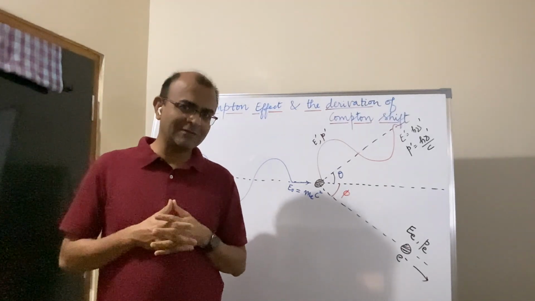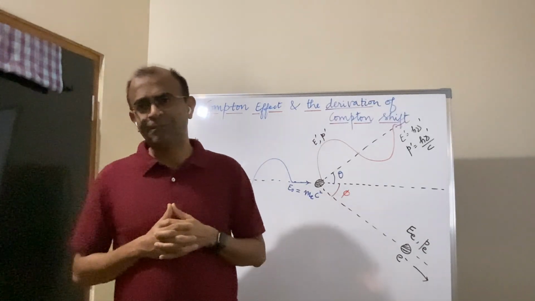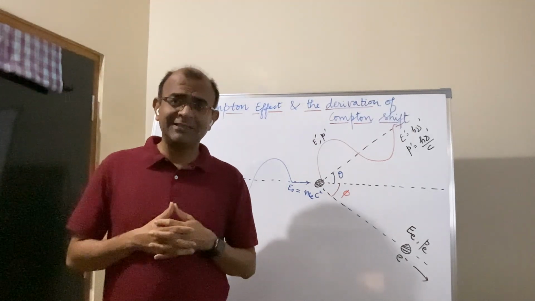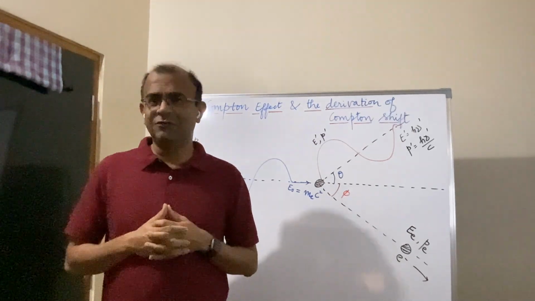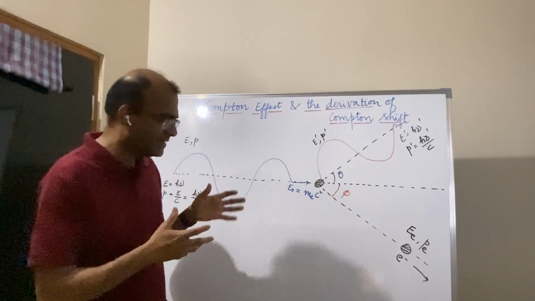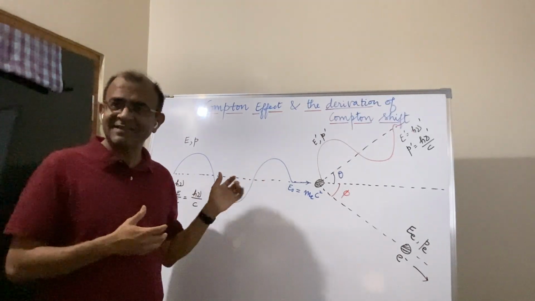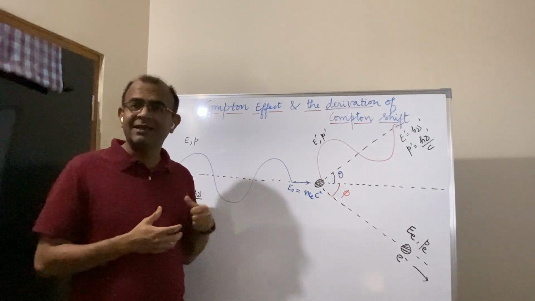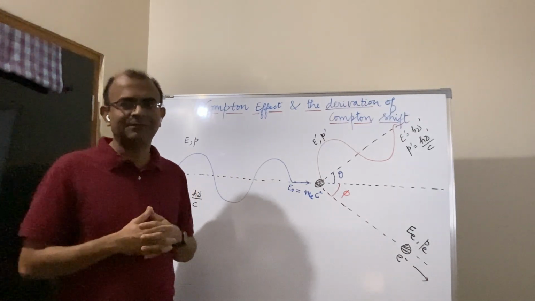Elastic scattering processes are the ones in which there is no change in the energy of the incident photon. Whereas in Compton scattering, which is inelastic, there is a change in the energy of the incident photon.